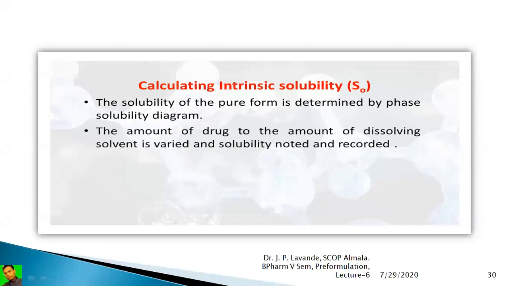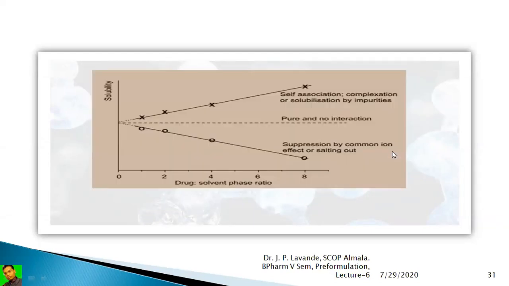So that can be studied by the phase diagram, where the amount of drug to the amount of dissolving solvent is varied. For a particular drug, the solvent used in order to dissolve will differ, and the solubility will be noted and recorded. For different solvents, there is a different solubility, and this is to be noted. So this is the particular phase diagram, and particularly for the pure drug, when there is no interaction, there is a constant solubility.